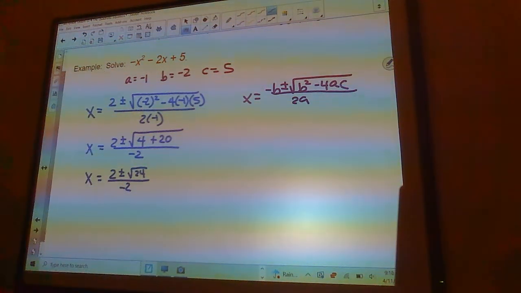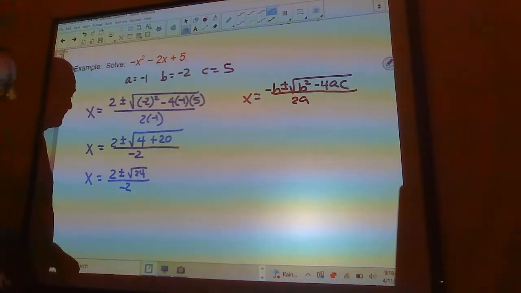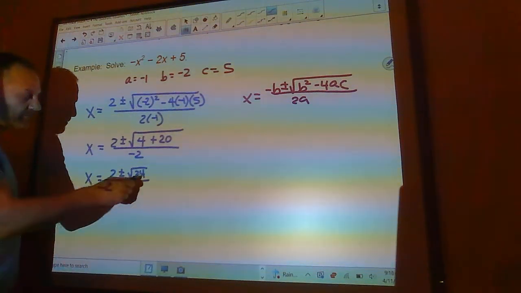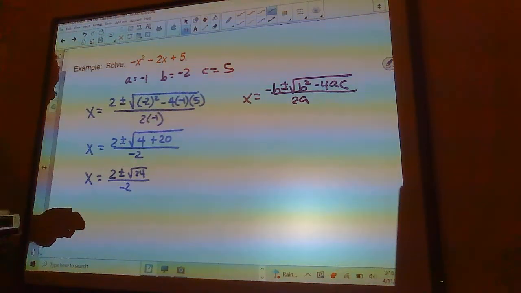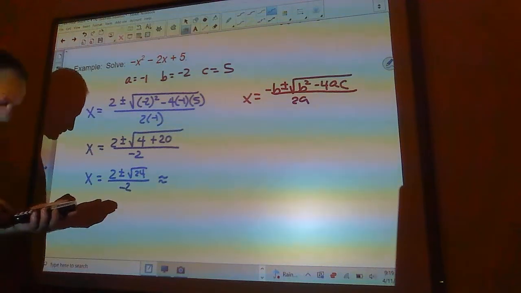Okay, square root of 24, not a nice number. So we could simplify this. We could rationalize this number. But we're going to go ahead and just figure out what this is approximately right now.